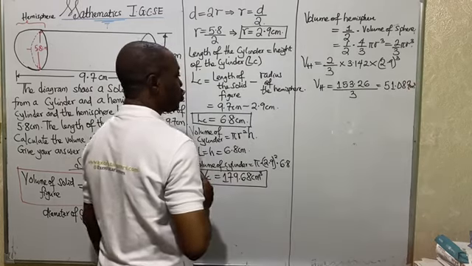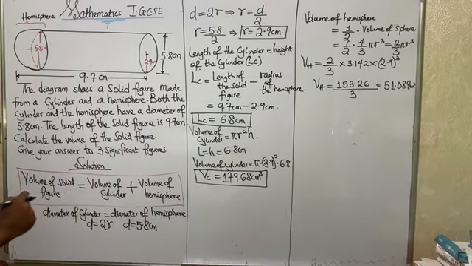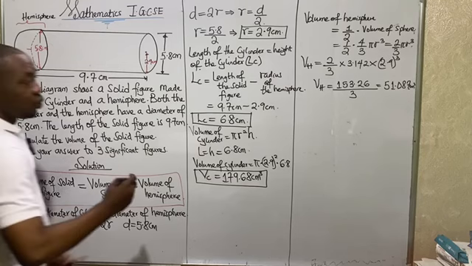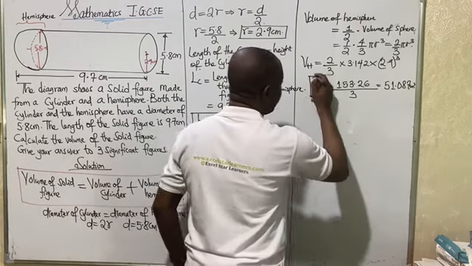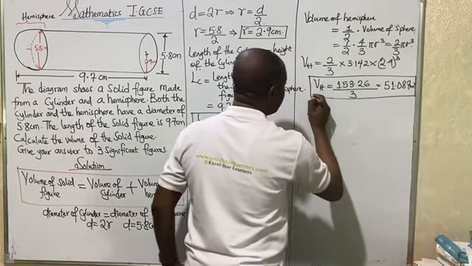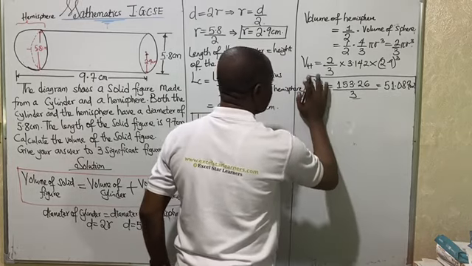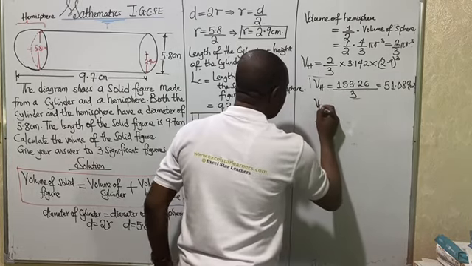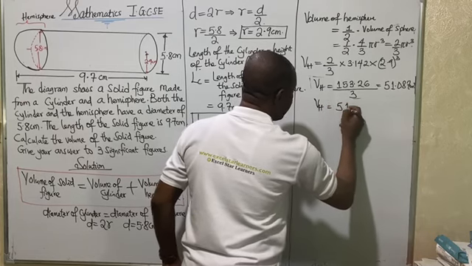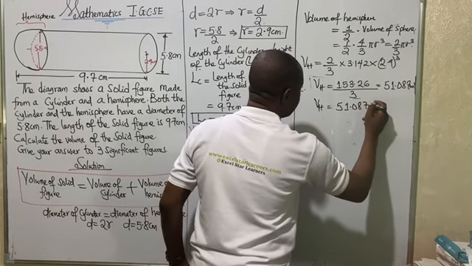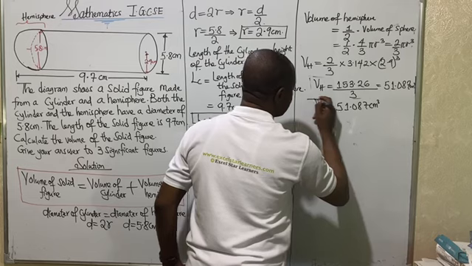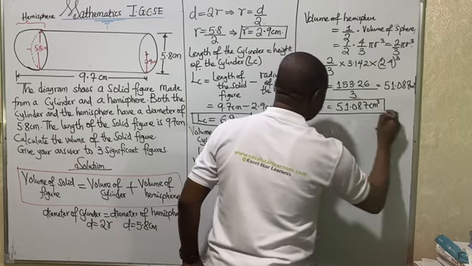Now we want to calculate the volume of the solid shape. The volume of the hemisphere is 51.087 cubic centimeters. The volume of the solid figure is equal to the volume of the cylinder plus the volume of the hemisphere.